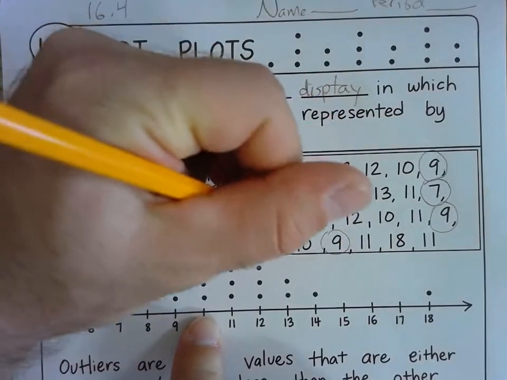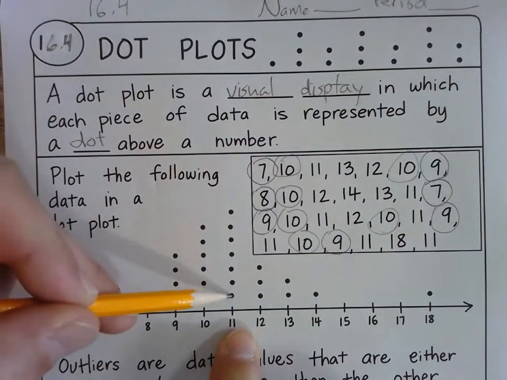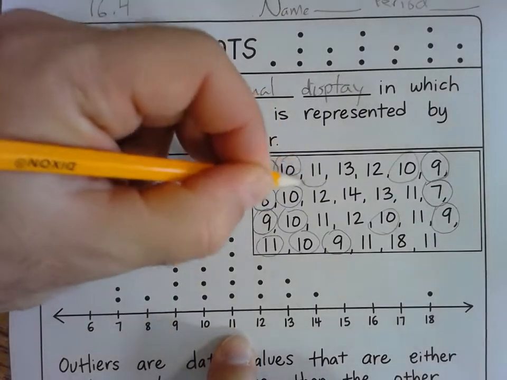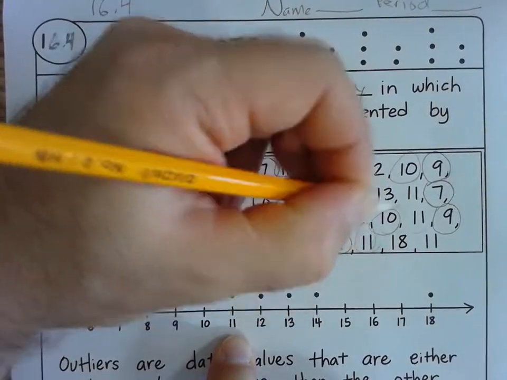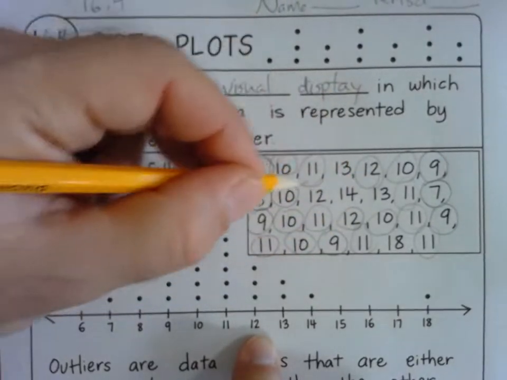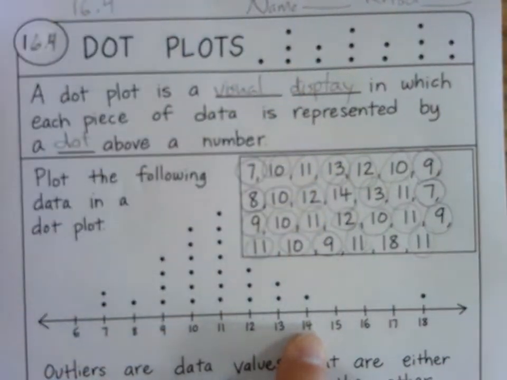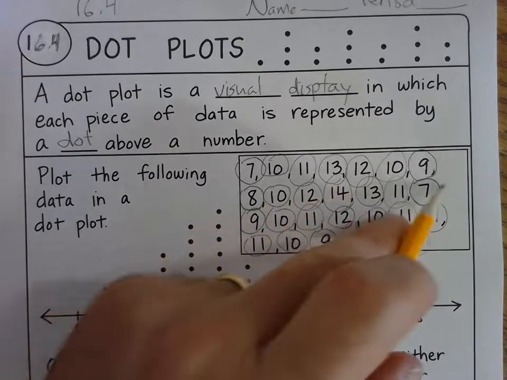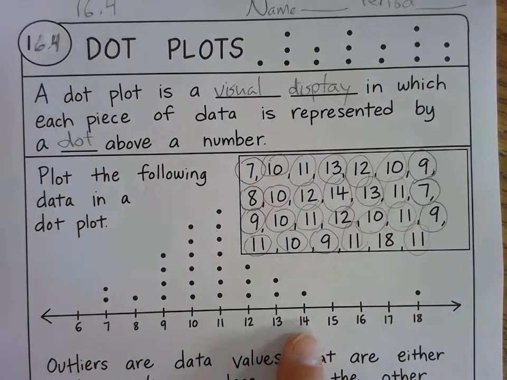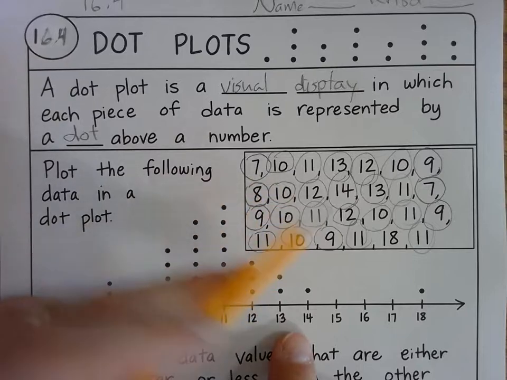You have 7 11s. 3 12s. 2 13s, and 1 14. Okay, so that's how you'd go through all these, and you'd graph a dot for every number that you see. These dots could represent whatever the data represents.